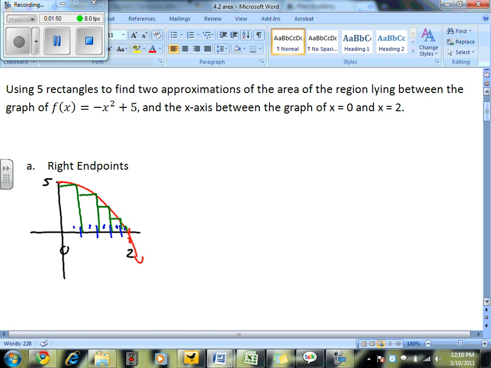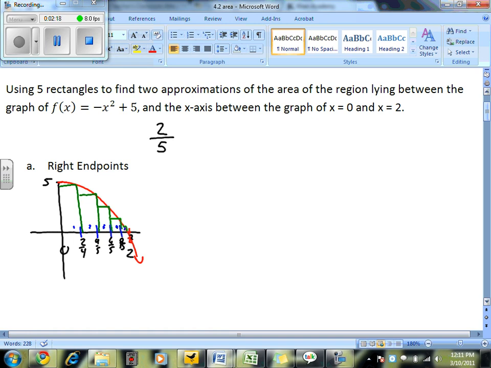Well, the distance is 2, and we divide by how many segments we need, 5. So 2 over 5. So each of these are worth 2/5. So this is 2/5, 4/5, 6/5, 8/5. And this last one over here is 10/5. Okay? So I have 1, 2, 3, 4, 5 rectangles here to help us approximate.